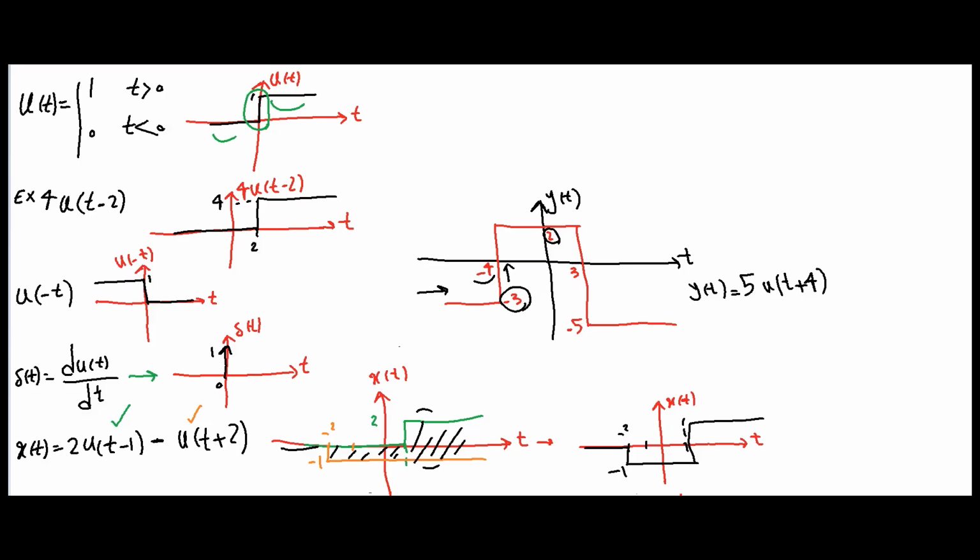From -4 to 3, we don't have any jump. At time 3, we have another jump. If we look at the amplitude, we go from +2 to -5, which means a change of -7. So the corresponding step is written -7u(t - 3).